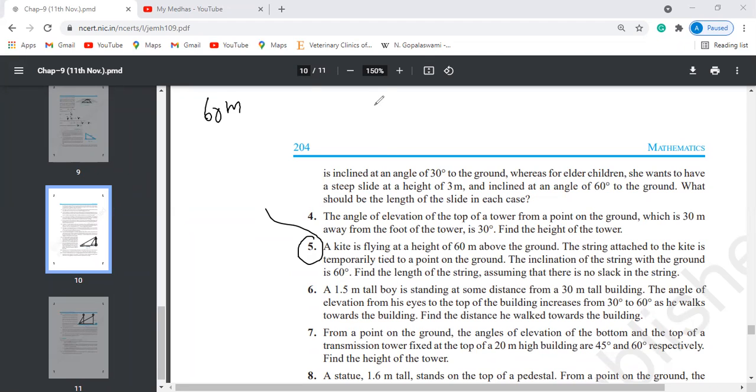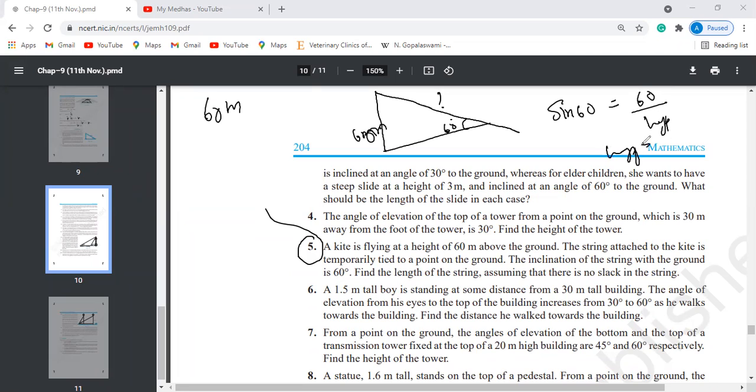How to do it? Because the kite is flying at the height of 60 meter, right? And the kite string will be generally like this, correct? And this is 60 degree, and this is 60 meter. Okay, you have to find this, so that sine 60 is equal to the opposite side 60 divided by hypotenuse.